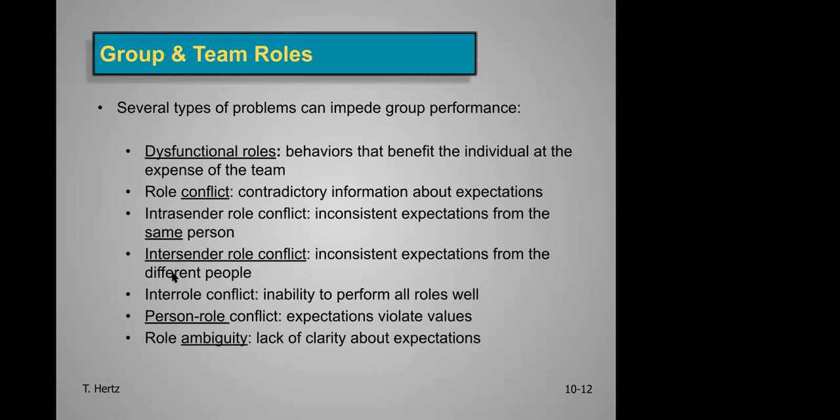You also have inter-role conflict, so different roles all needing to be performed, and it's just not possible to perform all of them necessarily well. Person-role conflict is when we have conflict within ourselves about our roles, and the role that we're expected to portray violates our values, and that can be extremely problematic.